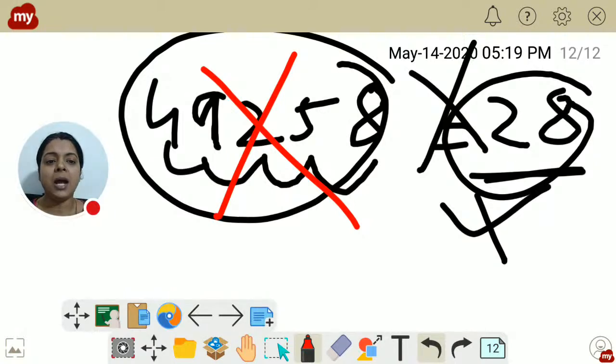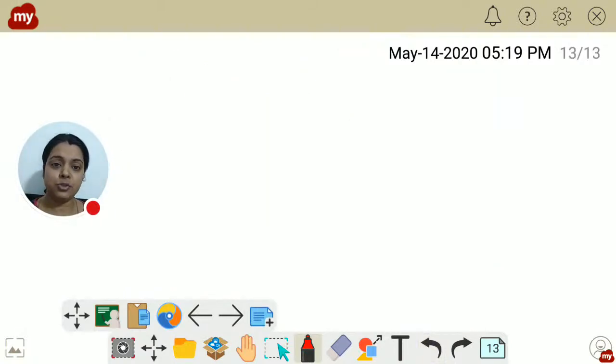Okay. So what is the first rule? The first rule is the divisibility rule of 10. Any number ending in 0 is divisible by 10. Any number ending in 5 or 0 is divisible by 5. Any even number, ending in 2, 4, 6, 8 or 0, is divisible by 2.